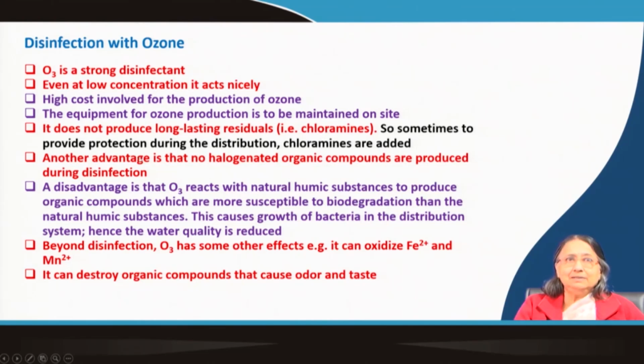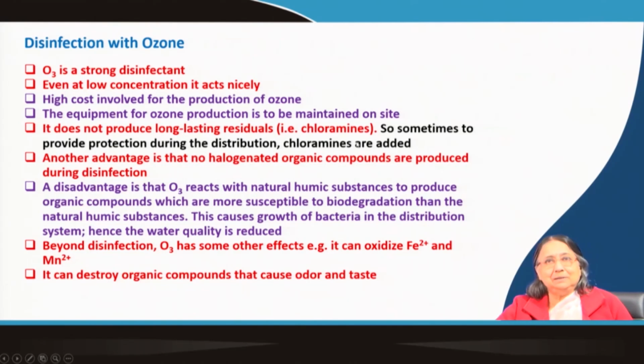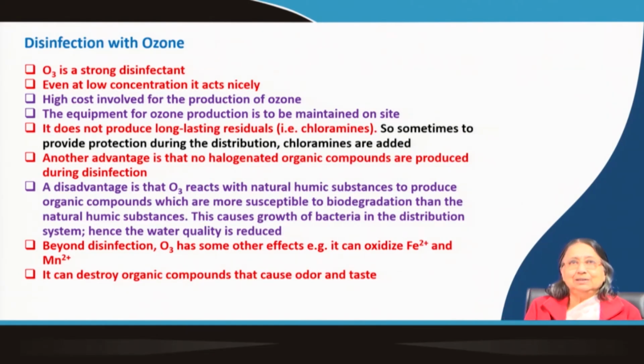Sometimes chloramines have to be added, so you can call that a disadvantage. Another advantage for ozone is that no halogenated organic compounds are produced during disinfection, because halogen is not there, so how will halogenated compounds be produced? So, it is an advantage.